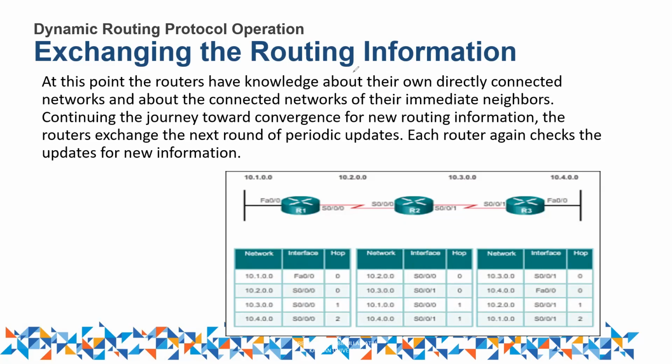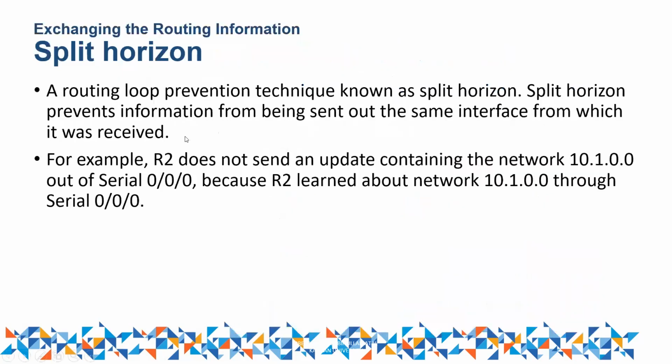How? Let's try to understand. And remember, when the same information is shared again and again, it will create a routing loop, okay? In order to prevent the routing loop, there is a process by the name of split horizon.